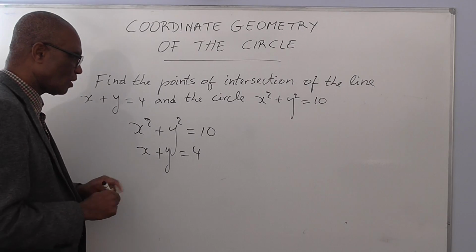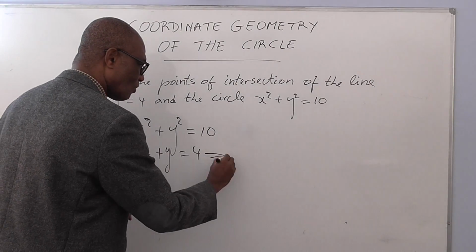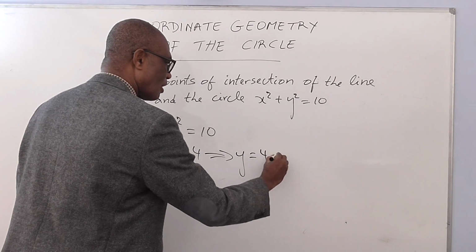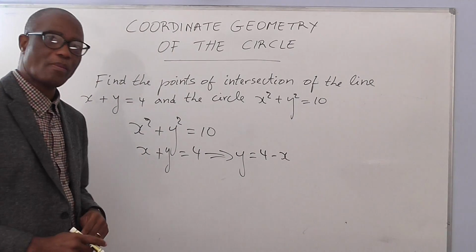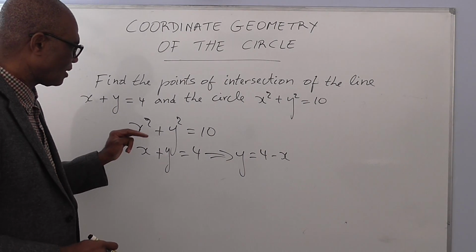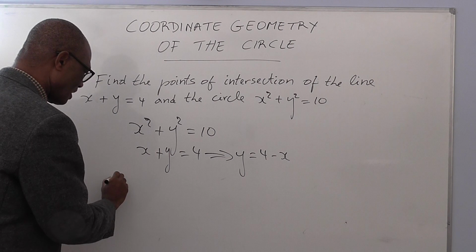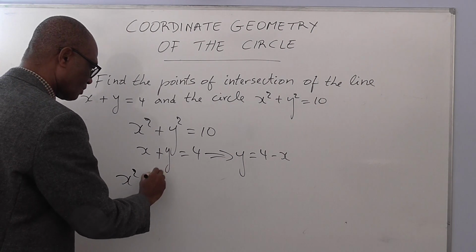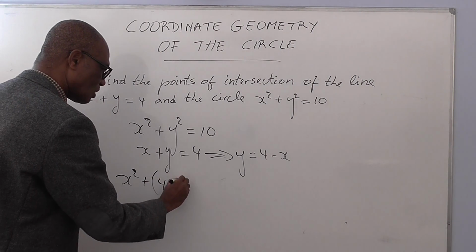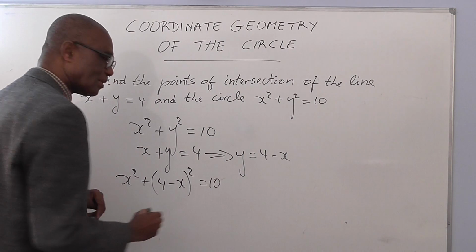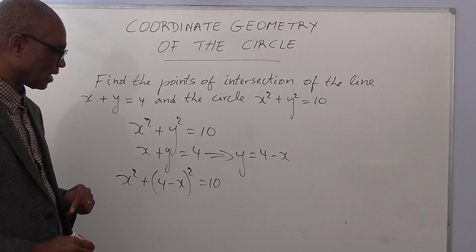So we can write y is equal to 4 minus x. And then I'm going to substitute there to have x squared plus (4 minus x) squared equals 10. Okay, we have it like that.